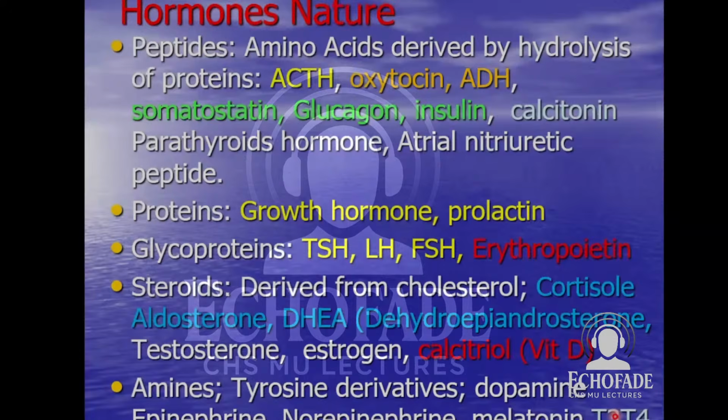So these are the hormones that are amines, derived from tyrosine, and we'll be looking at their structure. So these are the natures of the hormones, and we need to understand this to be able to describe the cell and the content of the cell in terms of the organelles.